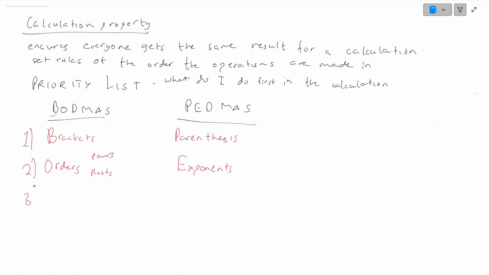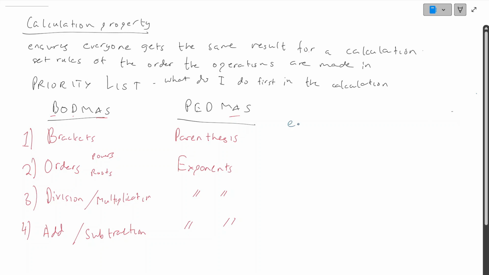The third priority we have is division and multiplication. You can switch the order of these around. This comes from the D and the M for BODMAS, and also the D and the M for PEDMAS. And the last thing on our priority list is addition and subtraction, which comes from the A and the S in BODMAS and the A and the S in PEDMAS. This is the priority list of the order of operations in terms of what operation to perform first in your calculation. Let us look at an example here.